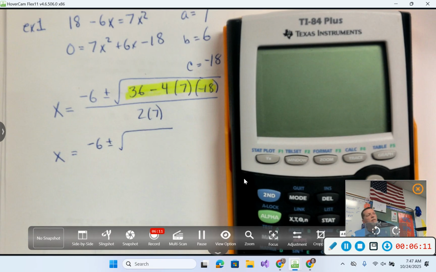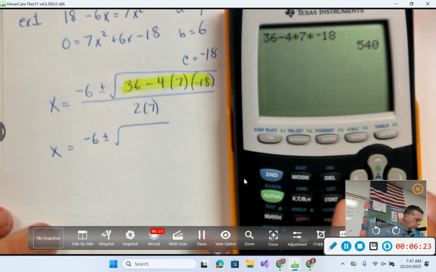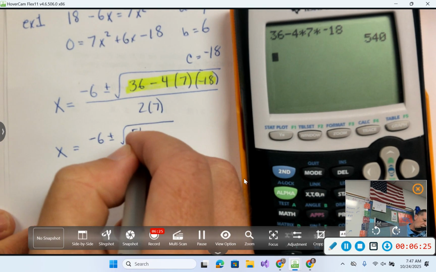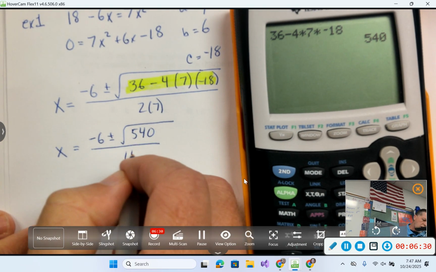It'll be part calculator, part no calculator on the test. And so obviously this would be on the calculator part. 36 minus 4 times 7 times negative 18 equals 540, all over 14.